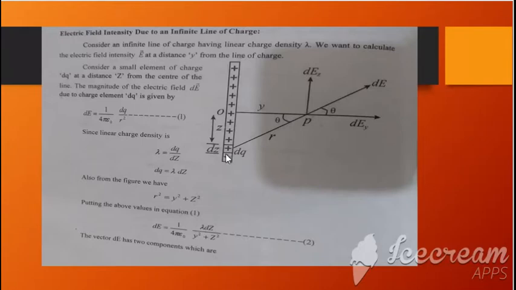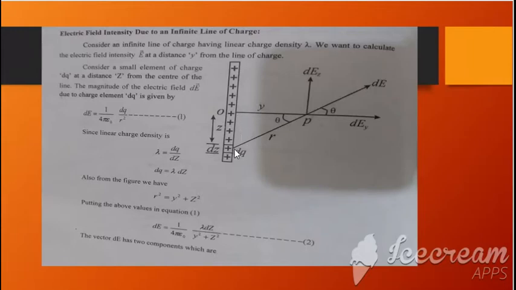This is at a distance z from the center of the line. The center of the line is O. The length of the element is represented by dz, and this dz is at a distance z from the central point O of the line.